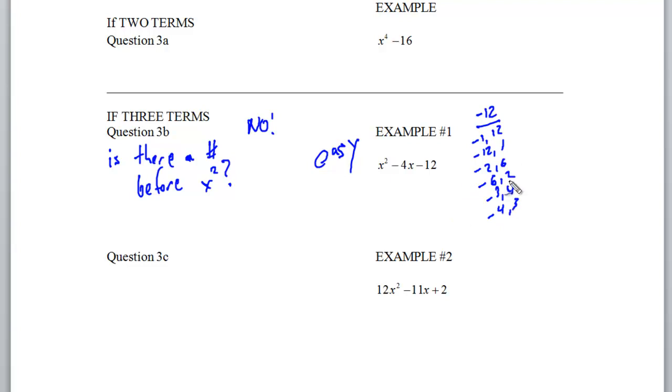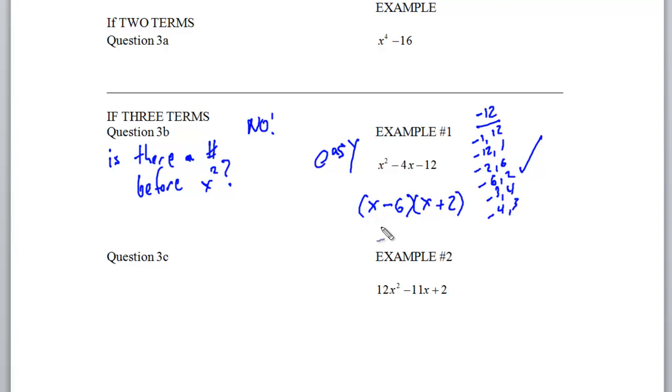Then you'll try to find the way that these make the negative 4. There's only one combination that makes a negative 4 when you add these together, and that combination is right there. So you found your combination that makes your negative 4. So here you have x minus 6, x plus 2.